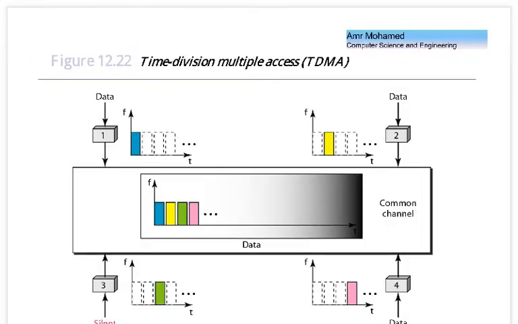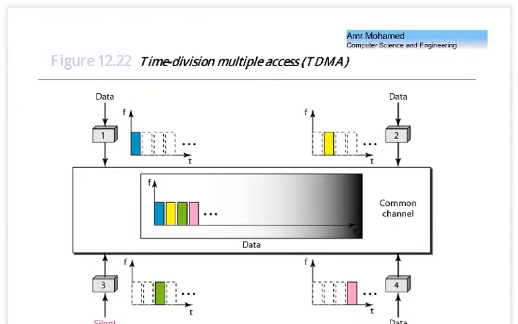So the second technique is what we call TDMA. Of course, I know that you have gone through these techniques before, but that's why I'm going a little bit straightforward here. So in TDMA, simply, we divide the channel into time slots. Instead of frequency ranges, we divide the channel into time slots.